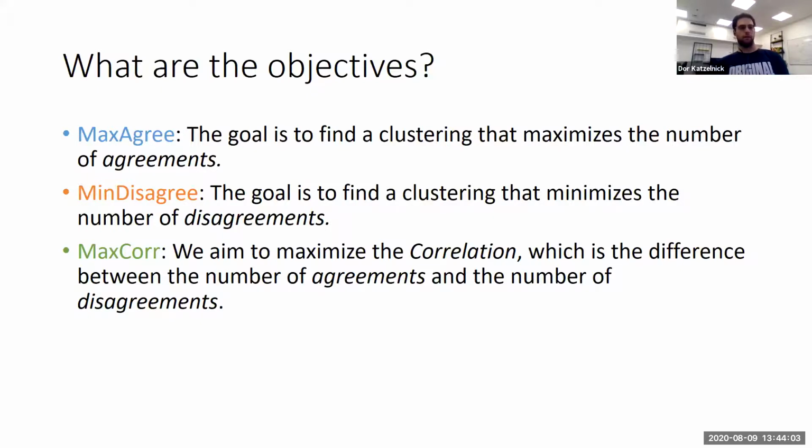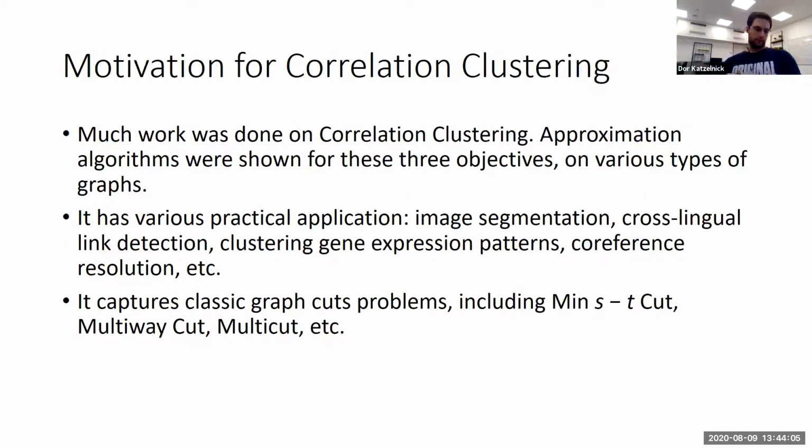Okay, so let's talk a little bit about the motivation for this problem or this model. Much work was done on correlation clustering. There were many approximation algorithms for these objectives on various types of graphs, such as general graphs, complete graphs, bipartite graphs, hypergraphs, and so on.